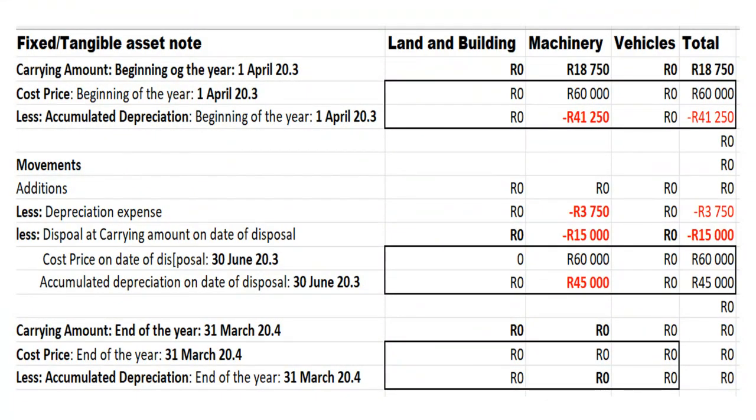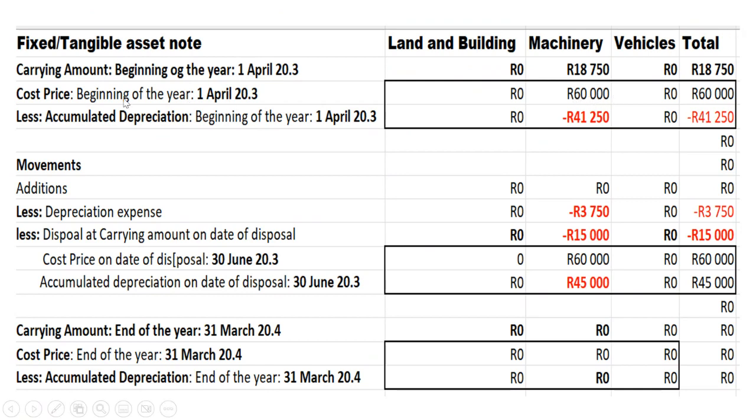So the carrying amount at the beginning of the year, which is 1 April 20.3. Where did we get that carrying amount? How do we calculate the carrying amount at the beginning of the year? I want us to only focus on machinery. The cost price at the beginning of the year, 1 April 20.3, was 60,000. Remember that we applied the historic cost model, which says keep the original cost price of that particular item.